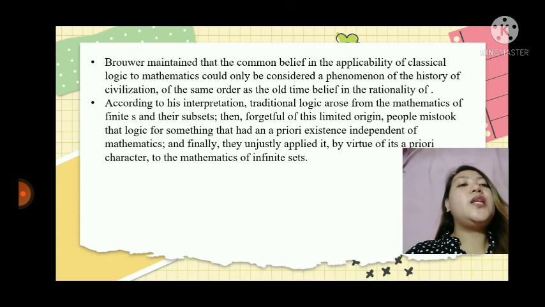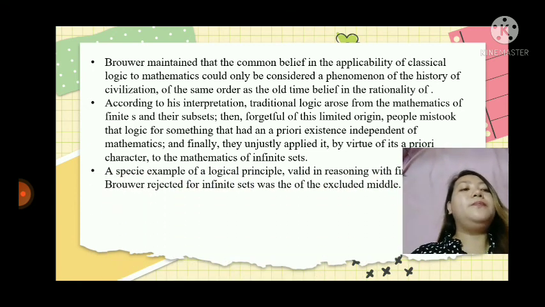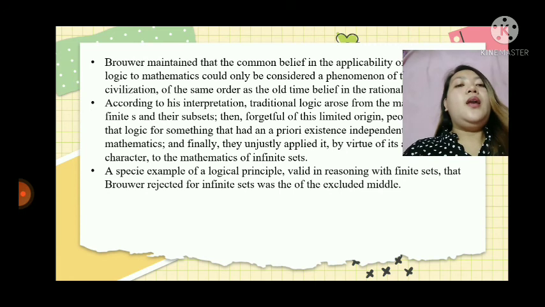According to his interpretation, traditional logic arose from the mathematics of the finite and their subsets. Then, forgetful of its limited origin, people mistook that logic for something having an a priori existence independent of mathematics, and finally they unjustifiably applied it, by virtue of its a priori character, to the mathematics of infinite sets.